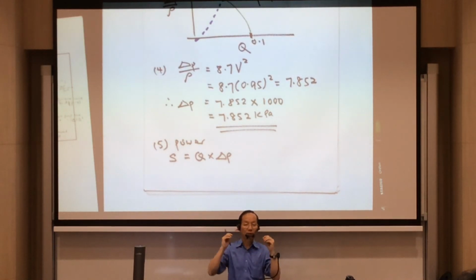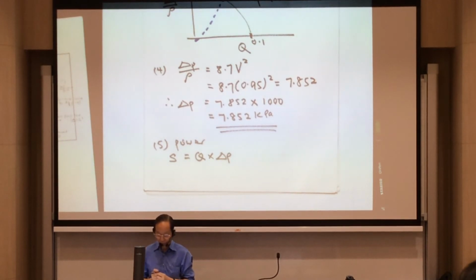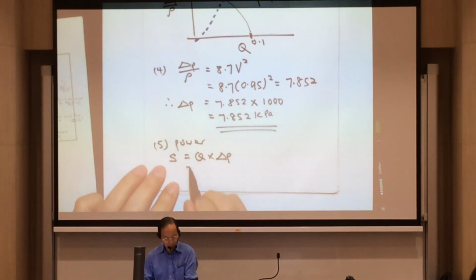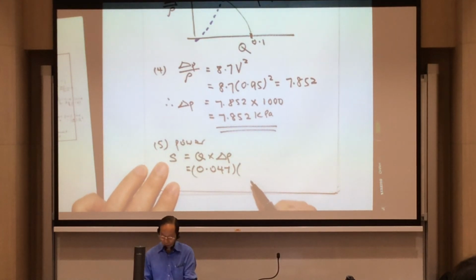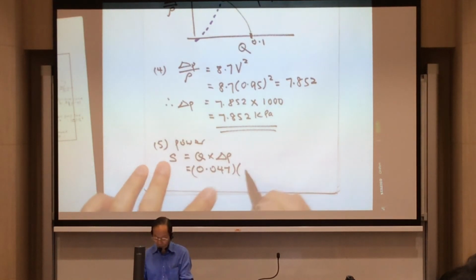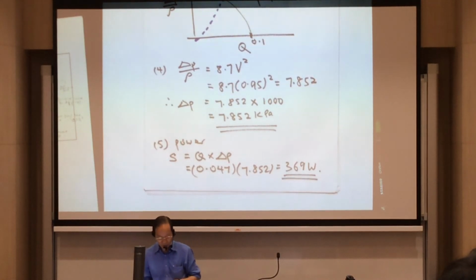So we know Q is 0.047 meter cube per second times your delta P, which is 7.852, and you get an answer of 369 watts.